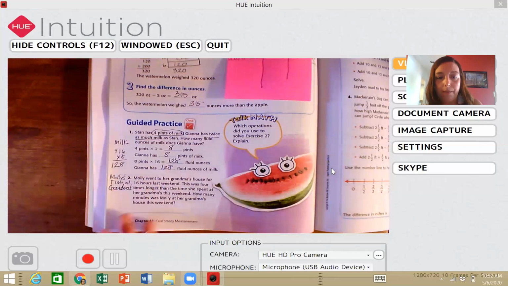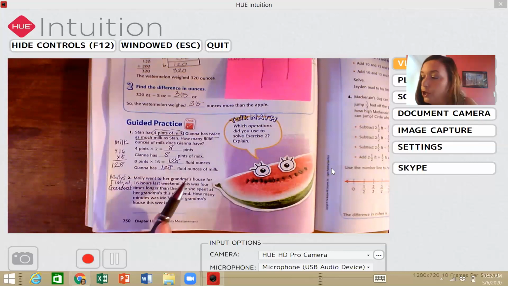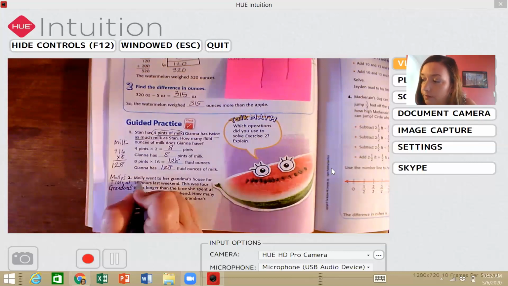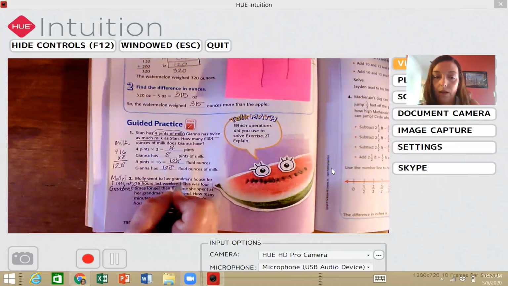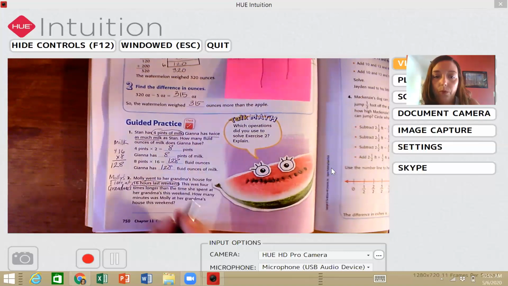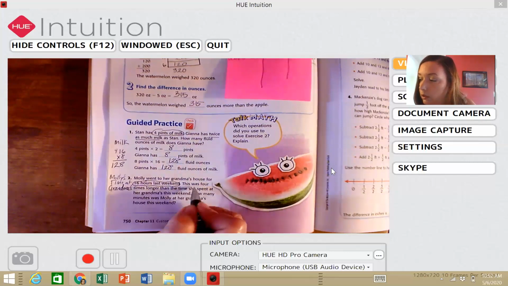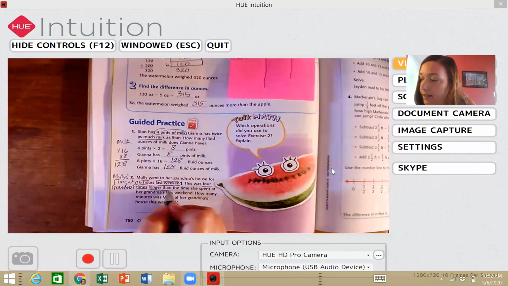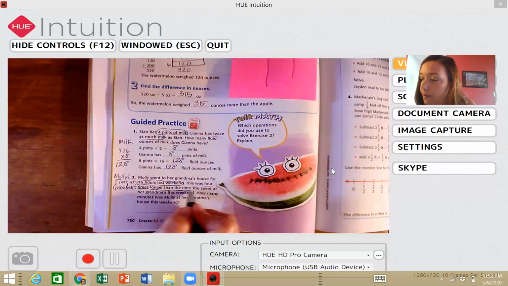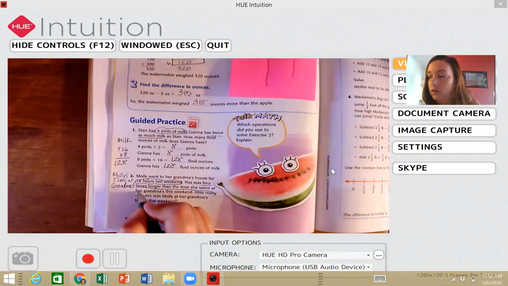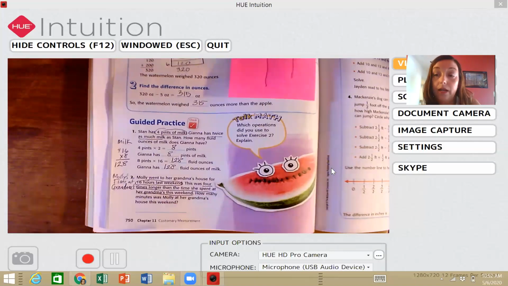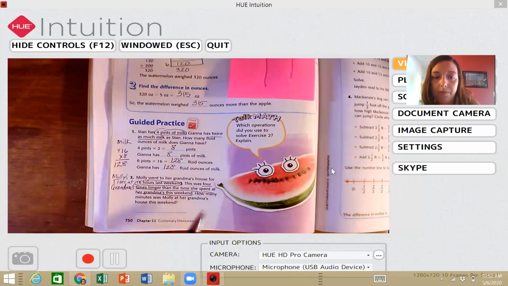So now I look for the math information. So last weekend, she was there for 16 hours, okay? And then we know this was 4 times longer than the time she spent at her grandma's this weekend. All right, now we look at the question. How many minutes was Molly at her grandma's house this weekend?